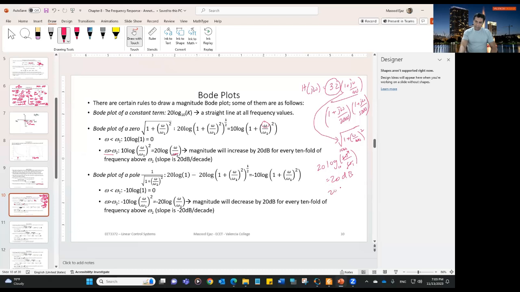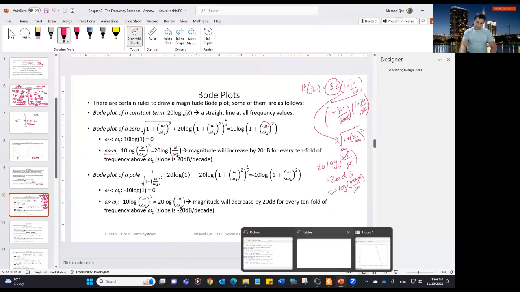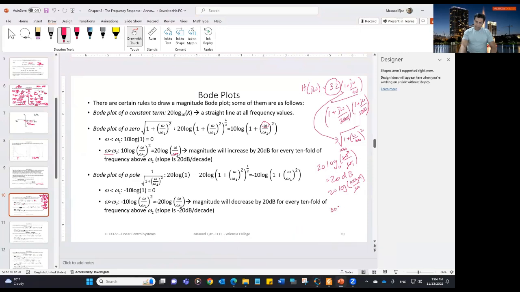If I increase that to 100 times omega 1, what will be my value? 100 means I have 20 log of 10 squared, which will be 40 log of 10, and we know log of 10 is 1, so it's going to be 40 decibels. Likewise, at 1000 omega 1, it's going to be 60 decibels, then 80 decibels, and so on.